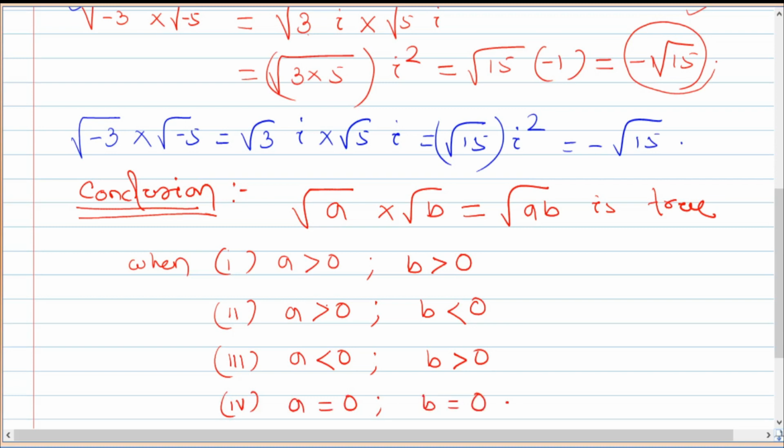In these cases only you can write root A into root B is equal to root AB.